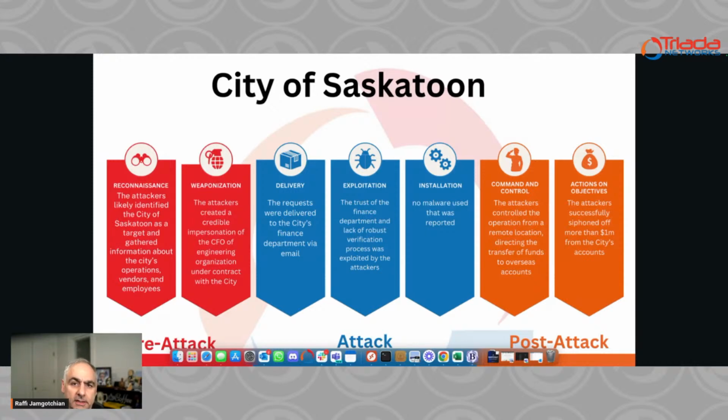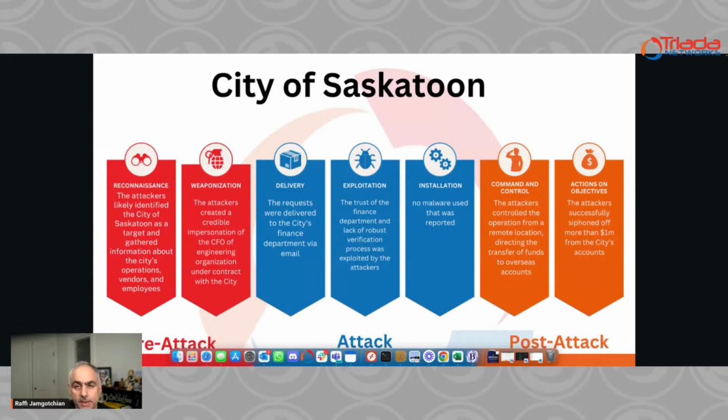The attacker then created a credible impersonation of the CFO of one of the engineering organizations they were doing business with. And through that, they were able to deliver to the city's finance department by email an attack sequence and basically gain the trust of the finance department. Because the city had some lack of robust verification process, the attackers were able to exploit that human.